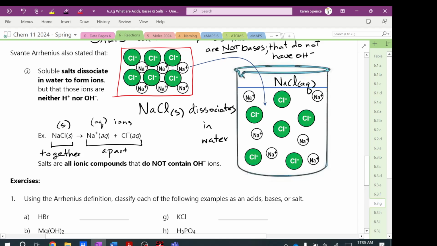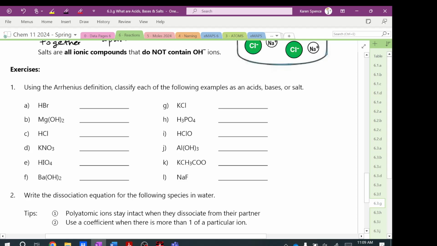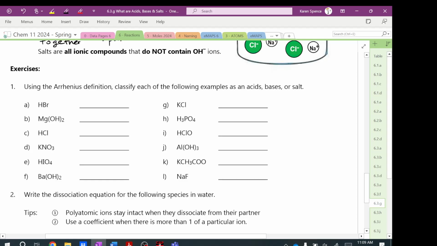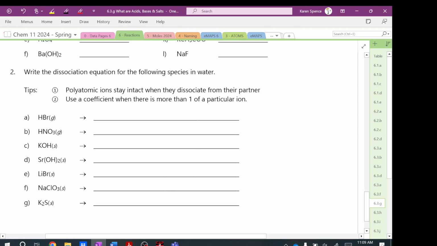So what you're going to do is you're going to take a moment now and you're going to classify each of the following as acids, bases, or salts. And then you're going to write the dissociation equation for each of these substances when they dissolve in water.